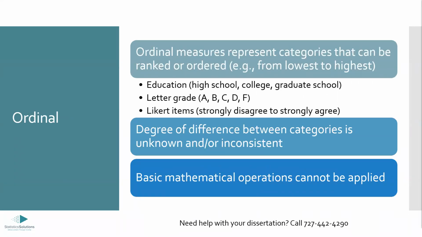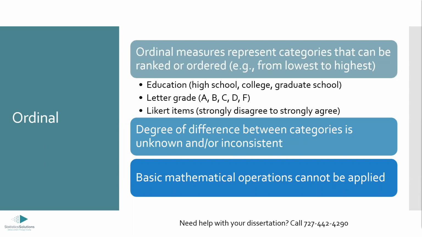So next, let's talk about the more categorical levels of measurement. So interval and ratio are more the numeric levels of measurement, and ordinal is a categorical level of measurement, where ordinal measures represent categories that can be ranked or ordered. So for instance, from lowest to highest or from highest to lowest.